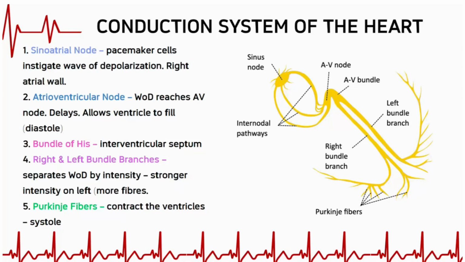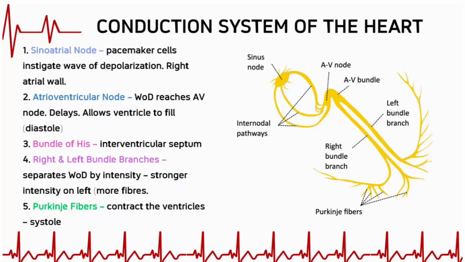Especially with the right and left bundle branches, these can get blocked. And in an ECG, this is pretty damning evidence of an impending cardiac event, in other words, an MI.